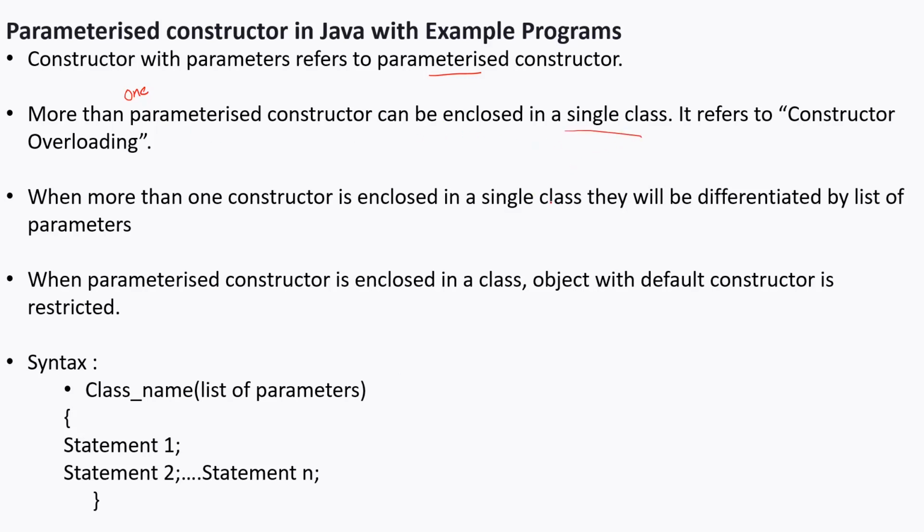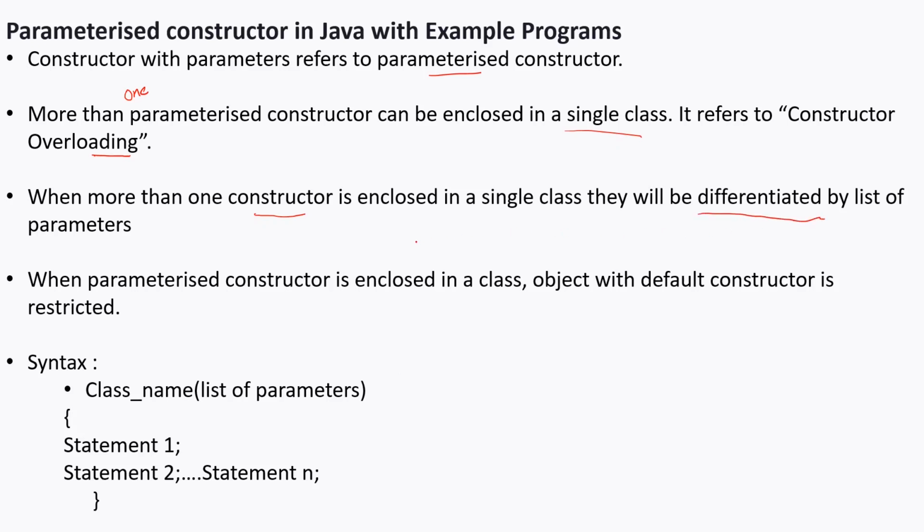When you are enclosing more than one constructor in a single class, that concept is called constructor overloading. So here we are going to learn what constructor overloading is and what method overloading is. The name itself suggests constructor overloading means you overload the constructors. Method overloading, you are going to overload the method. Fine. So now the point is, when more than one constructor is enclosed in a single class, they will be differentiated by the list of parameters.